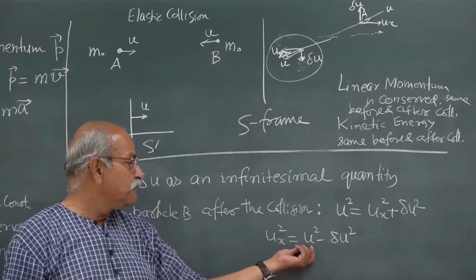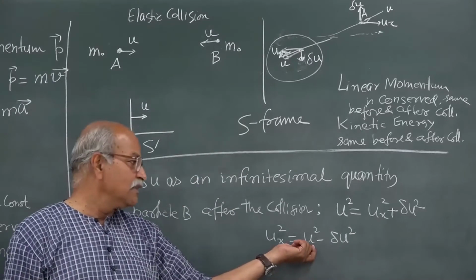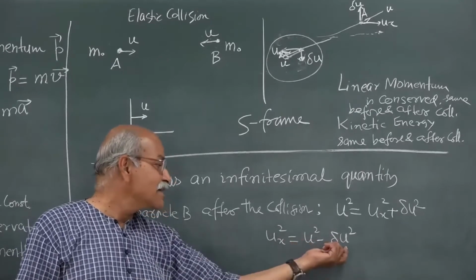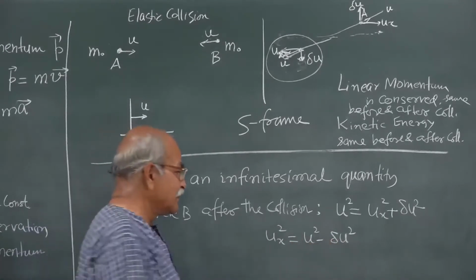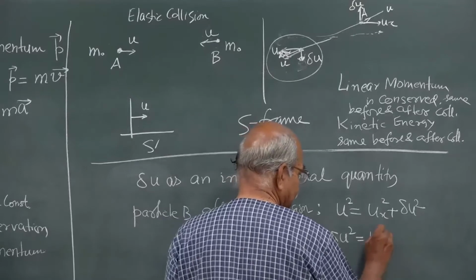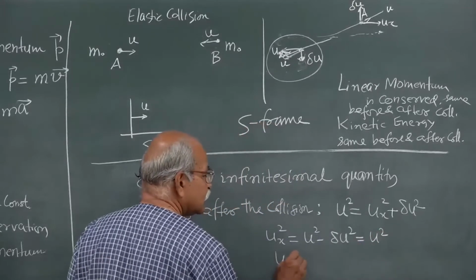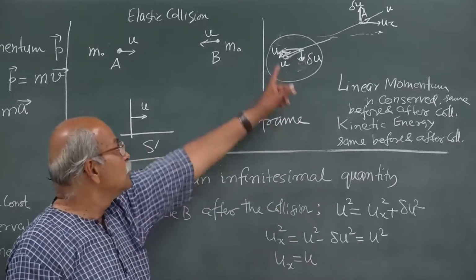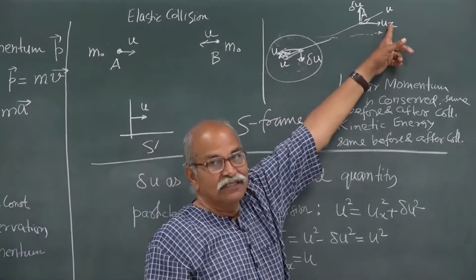You can see that this is a finite quantity and this is infinitesimal. So in the presence of this I neglect this, and hence this is u squared, and hence I can write ux as u. So this ux is u, and this ux is u.